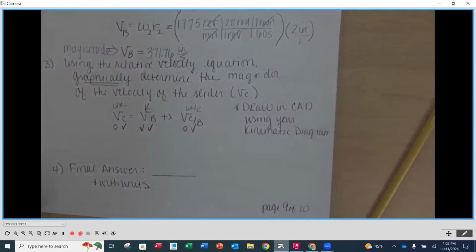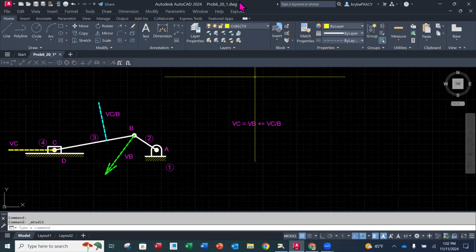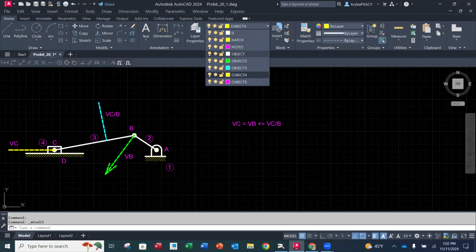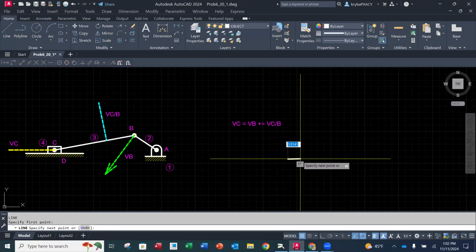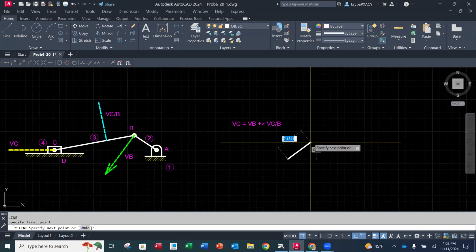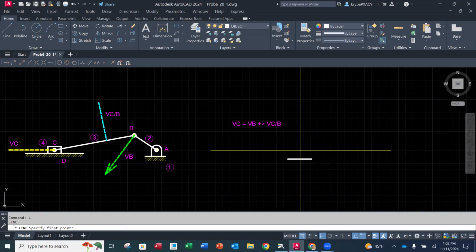Okay, so let's put in place the velocity of B. As you know, I go back to my object line layer. I don't exactly remember how this goes, but I'm going to put this in. Here's my origin.